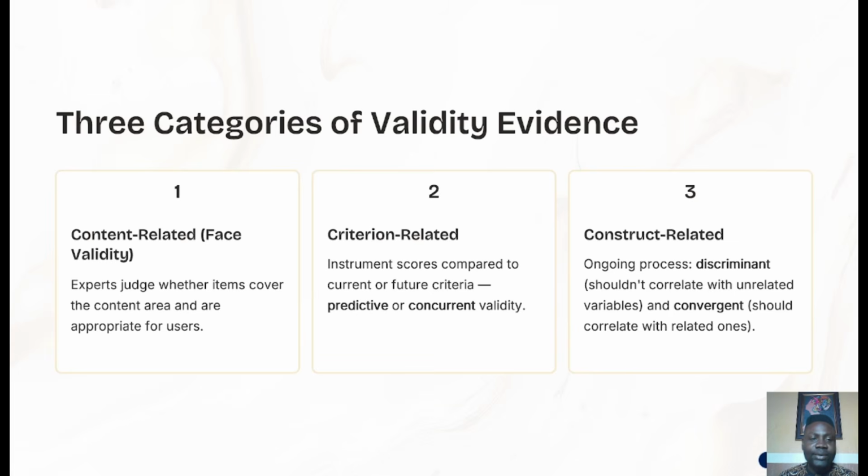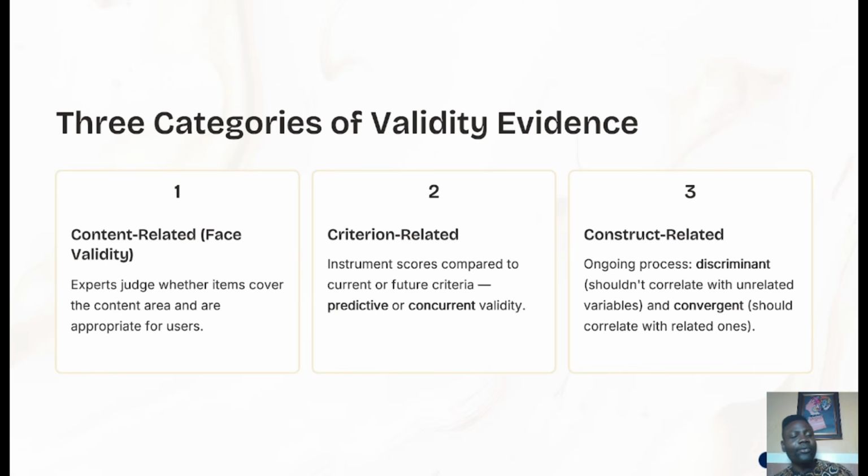For instance, we have three types of validity. The first one is the content-related validity, which we could also call face validity in some instances.